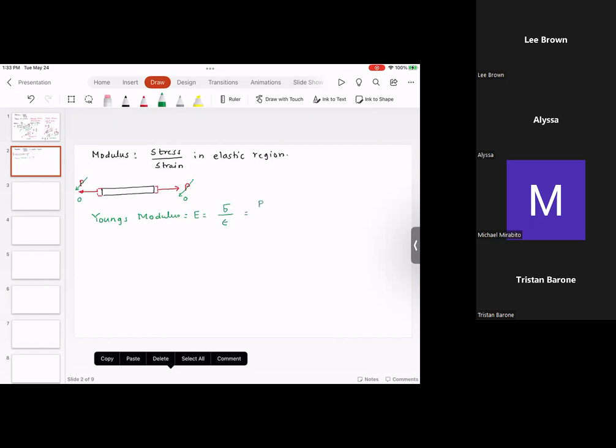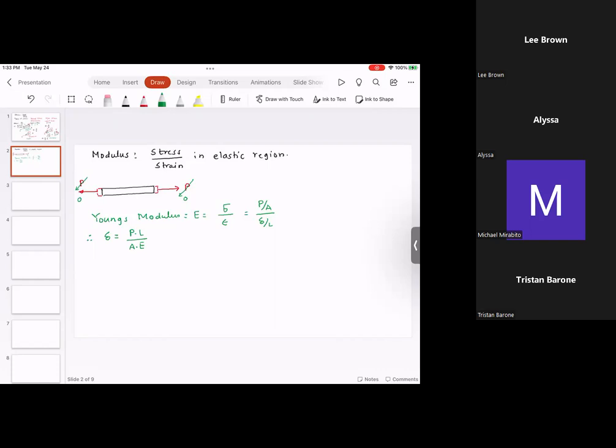Stress is given by P divided by A, and strain is given by delta divided by L. So if you simplify, you are going to get delta is equal to P times L divided by A times E. So PL divided by AE is the equation for the deformation when the material properties are given.